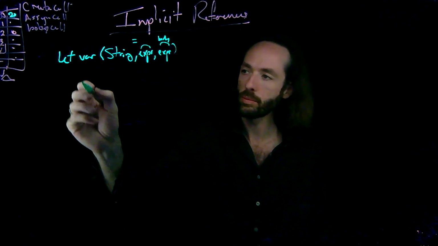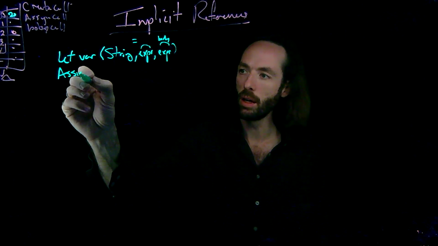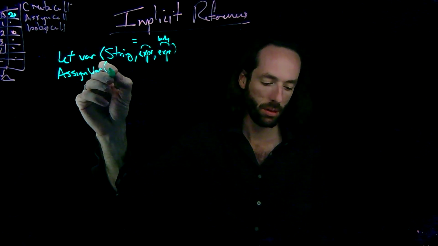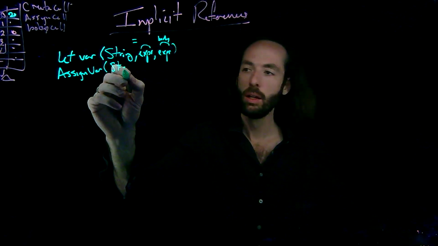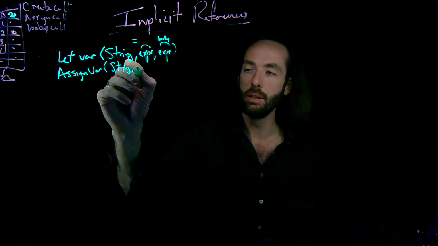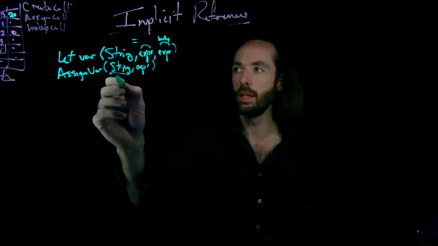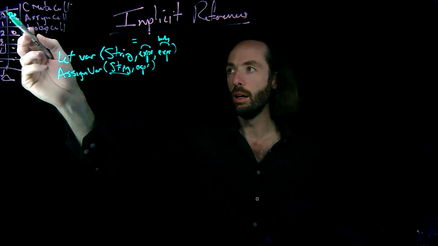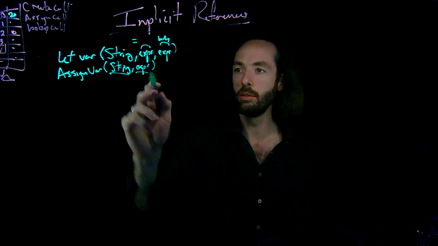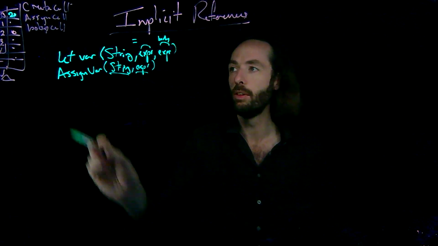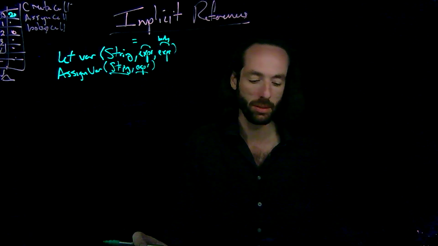And then we're also going to need an assign var, which is going to take in a string and an expression. And we're going to look this element up in our store and then put whatever the expression evaluates to into that location.